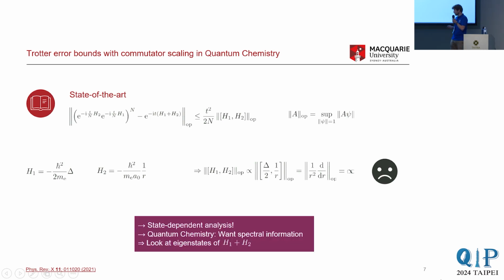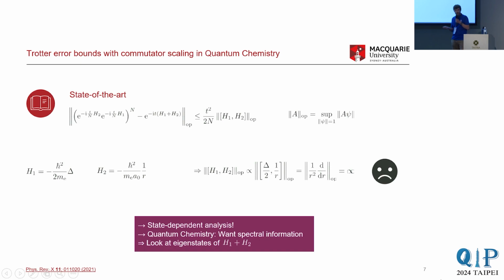So what we have to do is incorporate the dependency on the actual input state, because the operator norm is the supremum over all input states, so it gives you the worst case scenario. But usually in a physical situation, we want to look at some particular input state, and for this we can hope to get non-trivial Trotter bounds. In quantum chemistry, we are usually interested in spectral information.